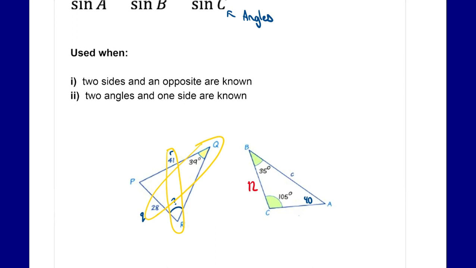So even if I didn't have side b and I had side a, I could find angle A. I have a full pair and a second half pair here. So again, that's why we say just two angles and one side, because using those two angles, we can find the third one if necessary.